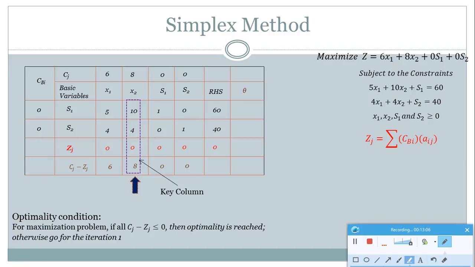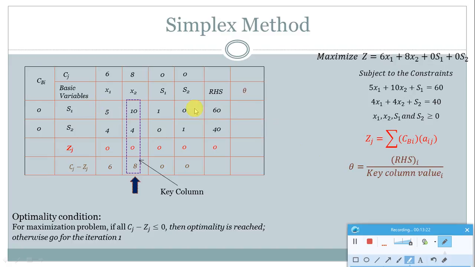Once the key column is selected, the values of theta are calculated. The formula for theta is the RHS for the ith row divided by the key column value of row i. There are two rows, row 1 and row 2.